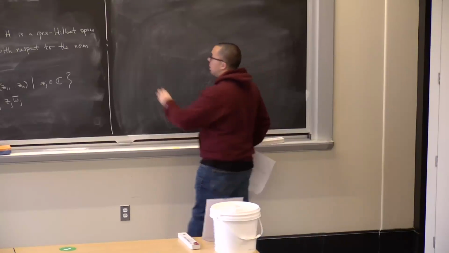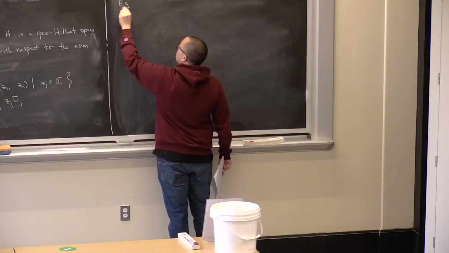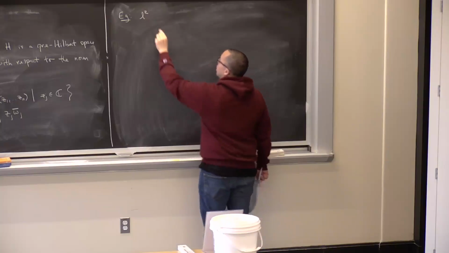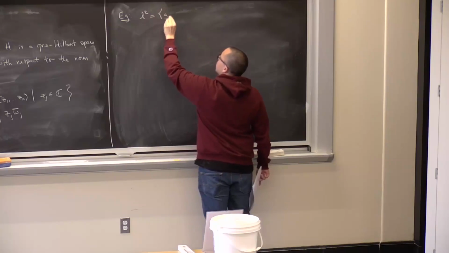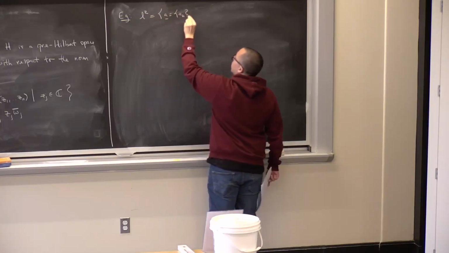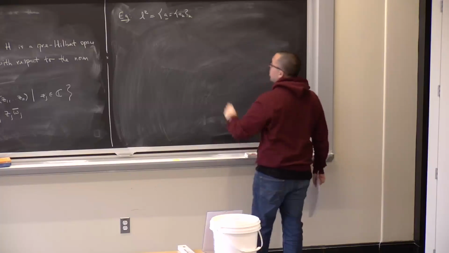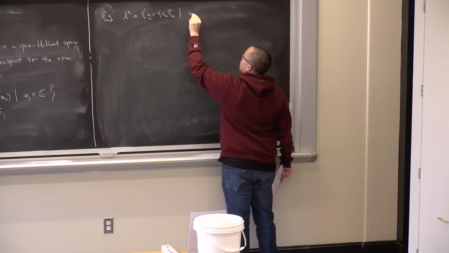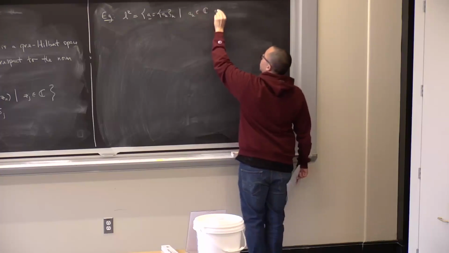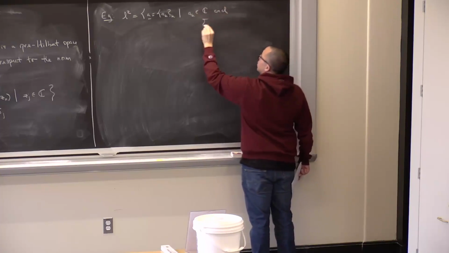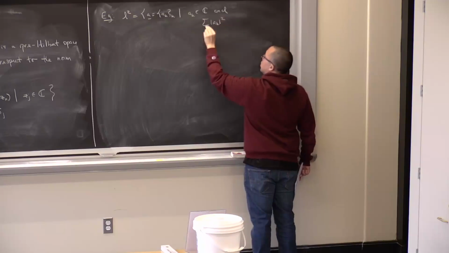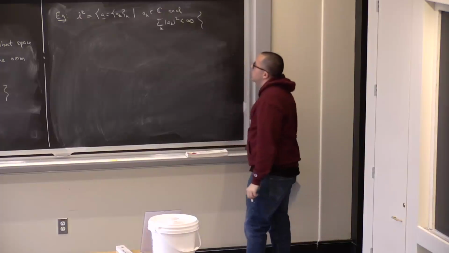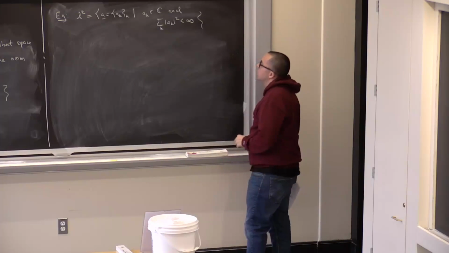The other example we have is the space little L2, which was the space of sequences such that each of these is a complex number, and this series is convergent, is finite.